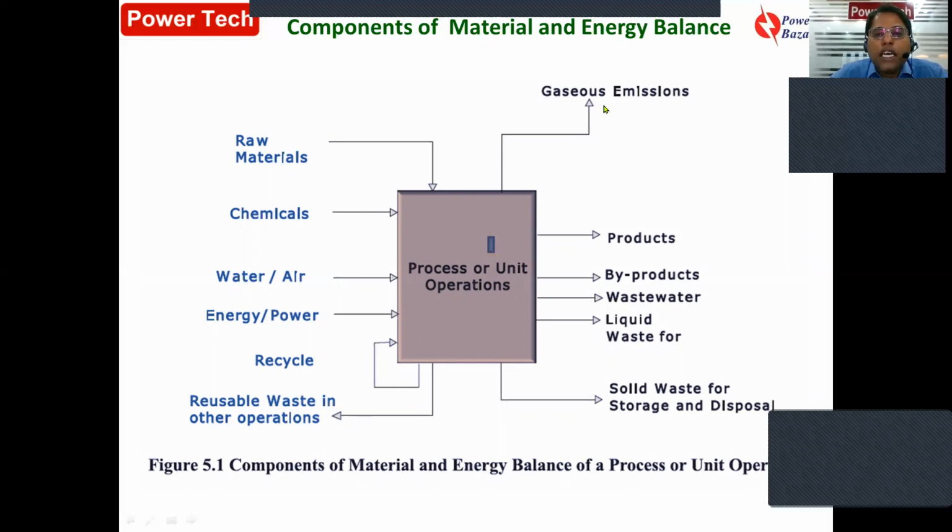Sometimes gases are found, so gaseous emissions are one of the outputs. Product, of course, byproducts, waste water, liquid waste, solid waste. So these are the wastes. These are the gaseous wastes. So these are the major components of material and energy balance of a process or a unit or for any operation.